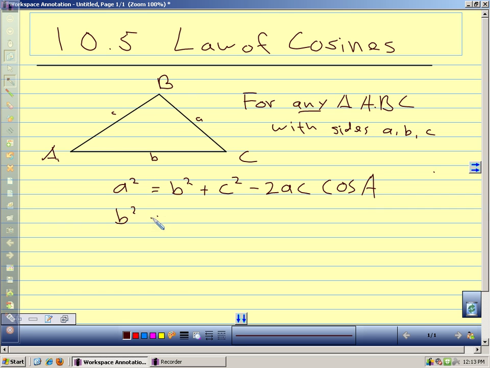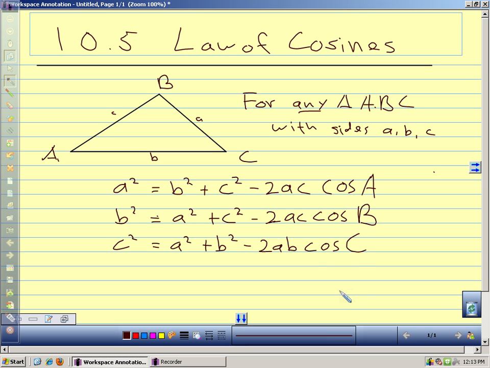So b squared equals a squared plus c squared minus 2ac cosine B. And our third one, c squared equals a squared plus b squared minus 2ab cosine C. So those are our three equations for the law of cosines.